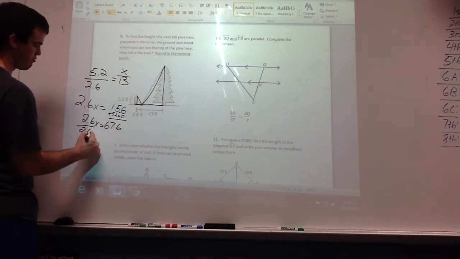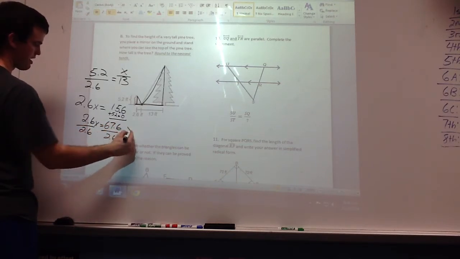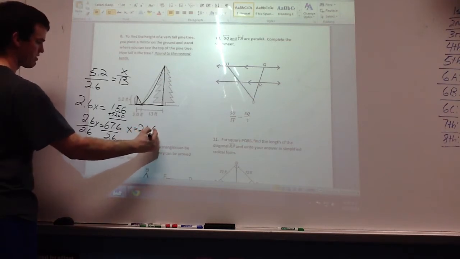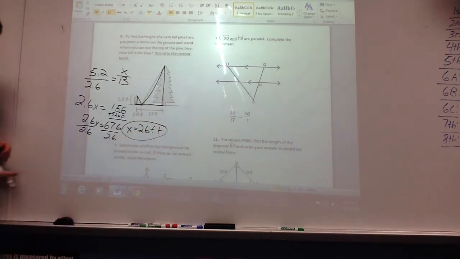When you divide by 2.6, x is going to equal 26 feet.